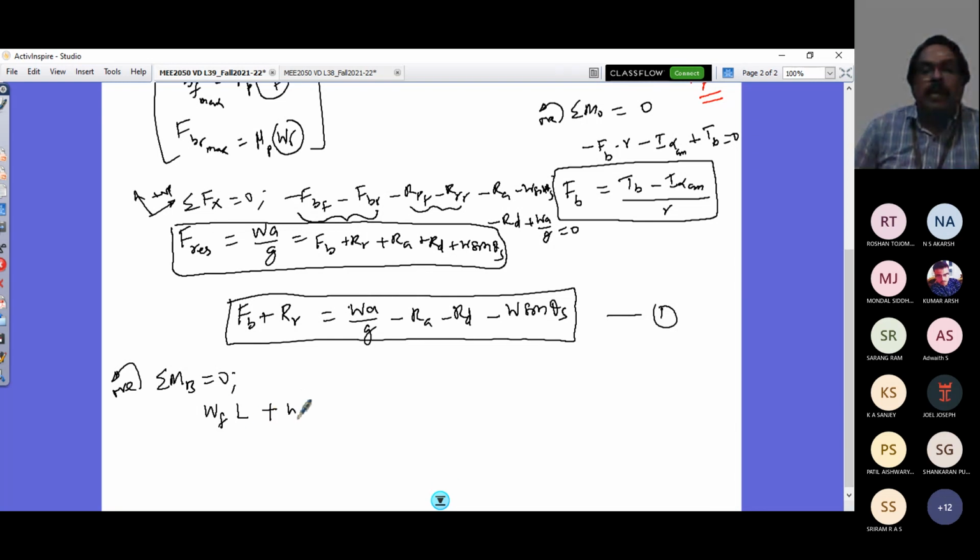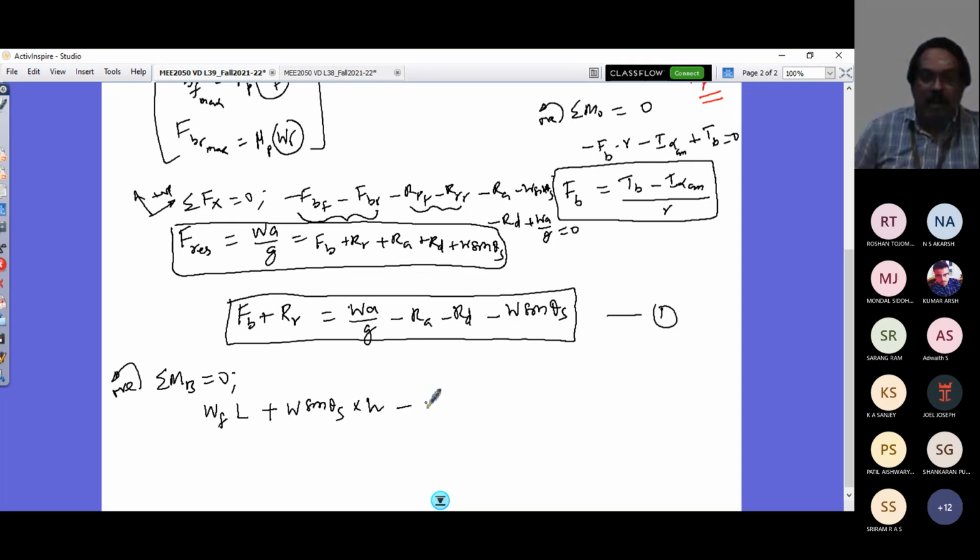Similarly, plus W sine theta S, the grade resistance or weight component along the slope, into H, the CG location from the ground. This is again a counterclockwise moment.